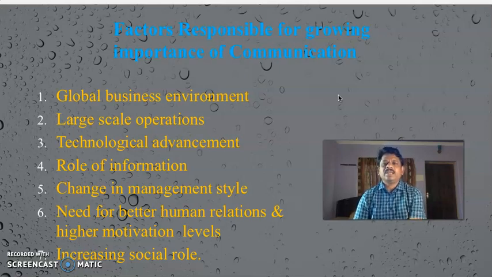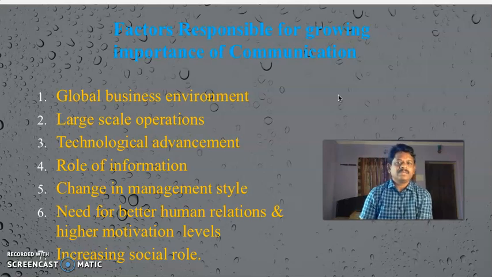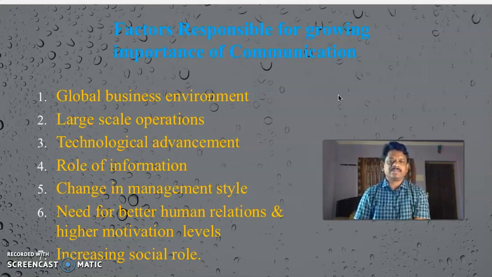At the same time, there are larger scale operations. Why is communication so important now? Because of globalization, liberalization and privatization, business is traveling across borders. The operations are very wide and expanded, and in that context, the networking and controlling of all activities is only through communication.